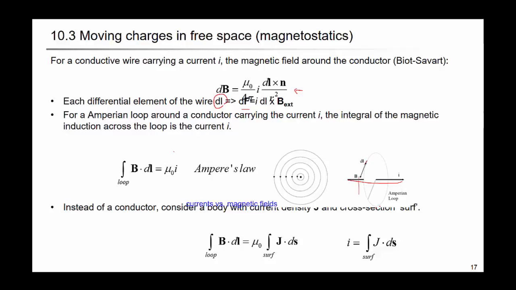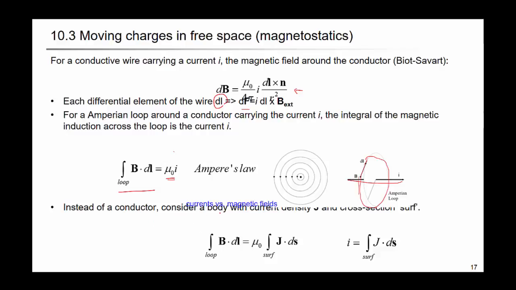If you draw the loop or circle, then the integral of the B across the loop is the current, and it's called Ampere's law. This Ampere's law correlates the current to the magnetic field, or the magnetic field to the electric current.